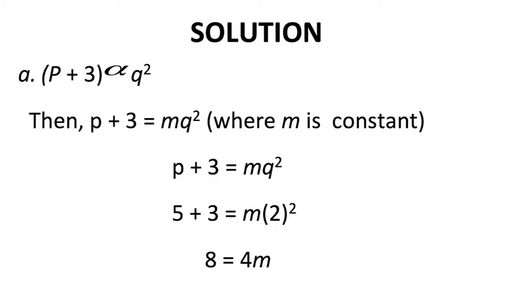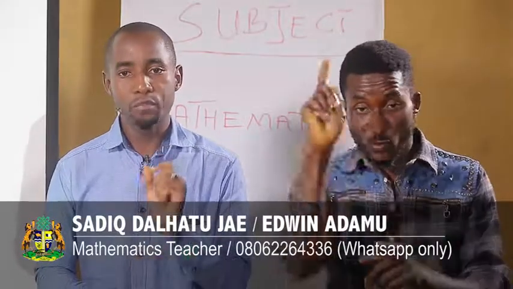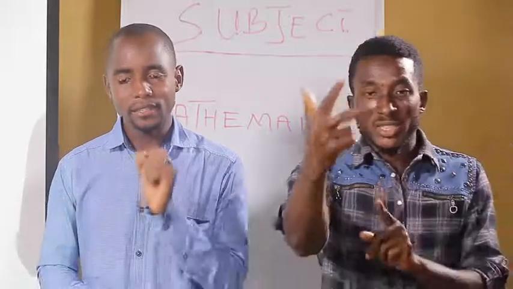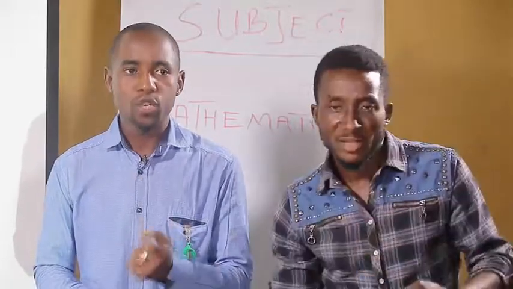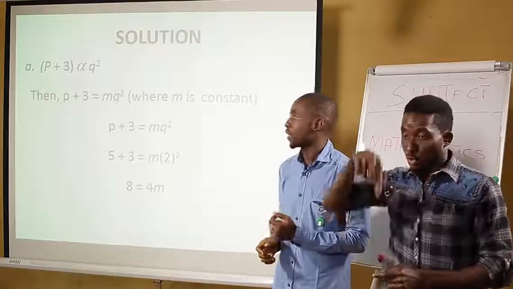Let's see the solution. Solution A, which is the relationship between p and q. First, we have p plus 3, in bracket, is directly proportional to q squared, because from the question it says p plus 3 is directly proportional to the square of q. Here, q has a square.